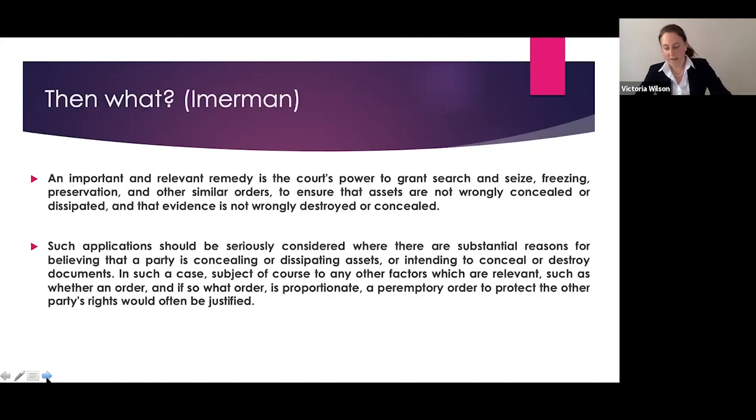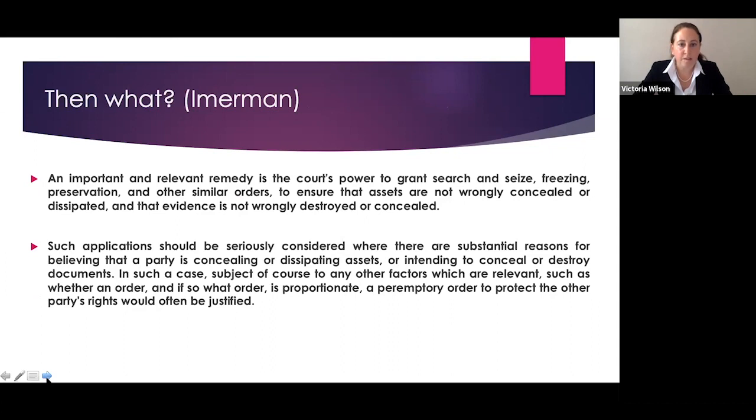So quite understandably, you'd want to know, well, what are we supposed to do with that? The court deals with this in the judgment and explains that the remedy is for the court to utilise its power to grant search and seize, freezing, preservation and other orders to ensure that assets are not wrongly concealed or dissipated and that evidence is not destroyed or concealed.